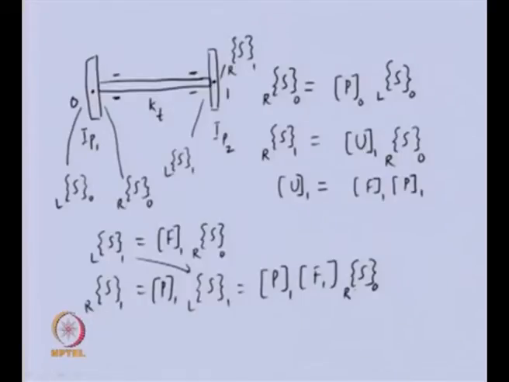You can see that the U matrix does not have the other form; the ordering is important, P1 into F1. So this step is clarified through a systematic approach: the U which we obtained earlier had this form, in which P1 into F1 was obtained.